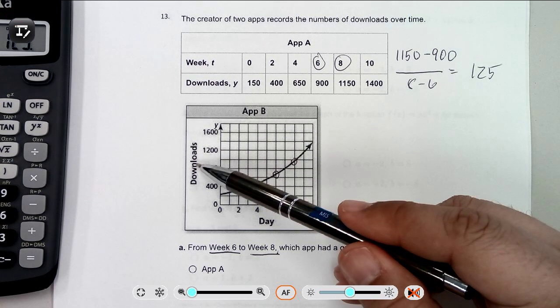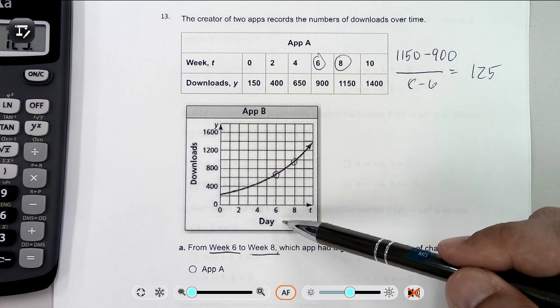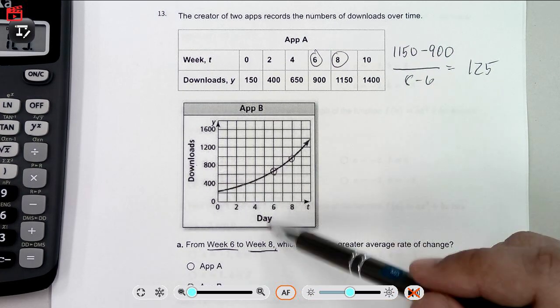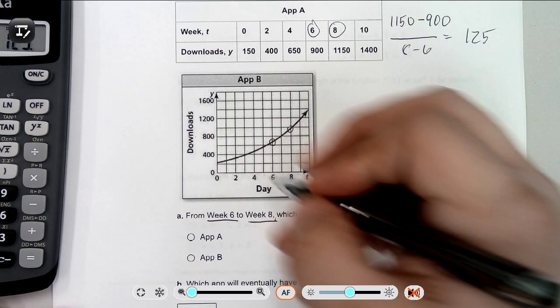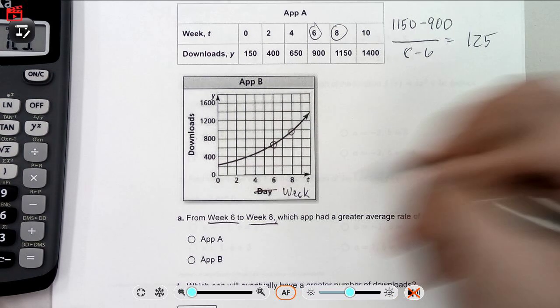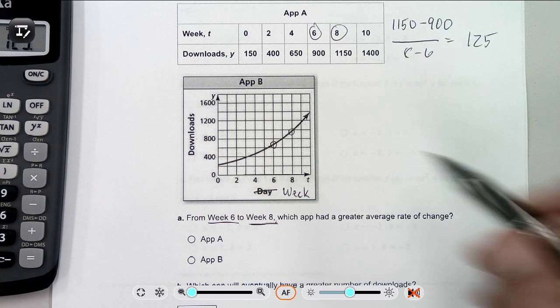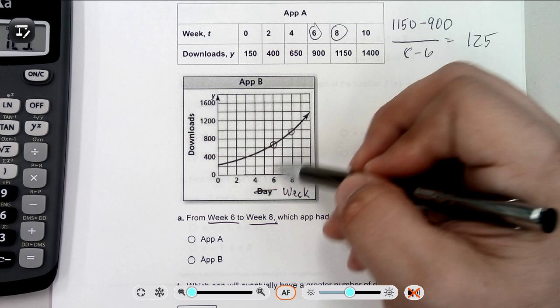What we notice here is app B says downloads per day. Pretty sure that's just a typo and that's supposed to say week. Doesn't actually change the answer one way or the other, but that's supposed to say week. That's a typo. So I have to kind of estimate what this ordered pair is.